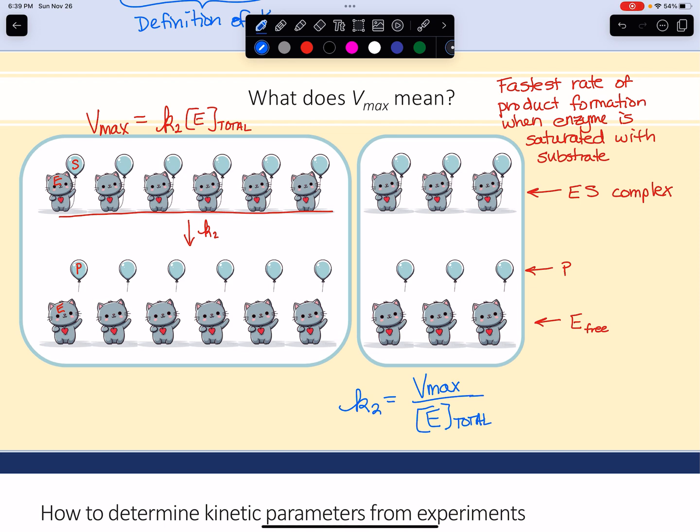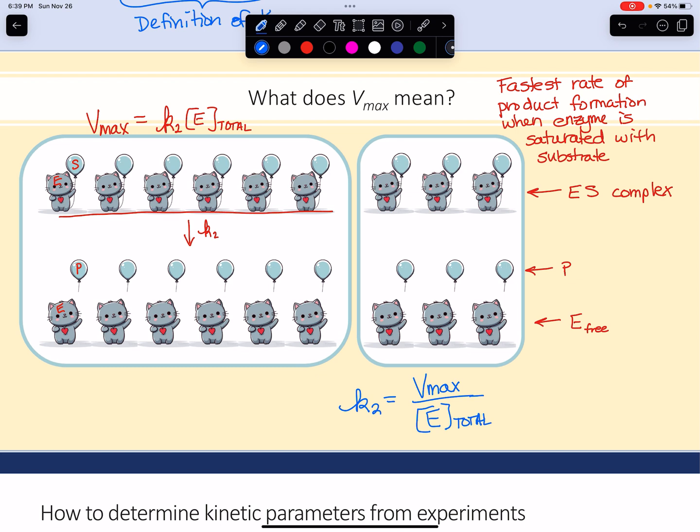Now with proteins, it's sometimes hard to know what your concentration is unless you have completely pure enzyme. So when you do this type of experiment in lab, we're going to be working with an extract. We're not going to be working with pure enzyme. So we will only be able to get Vmax. We won't be able to get k2, but we can make internal comparisons.